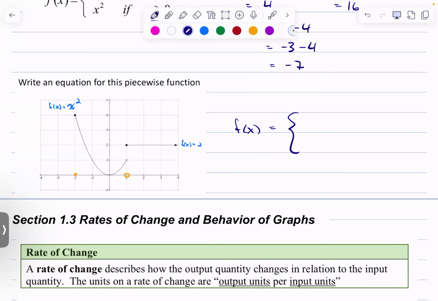So first, we did the hard work and said f of x is x squared if x is between negative 2, including negative 2, up to 1.